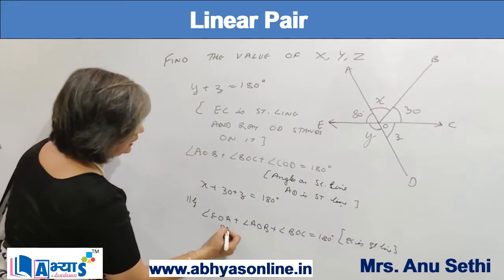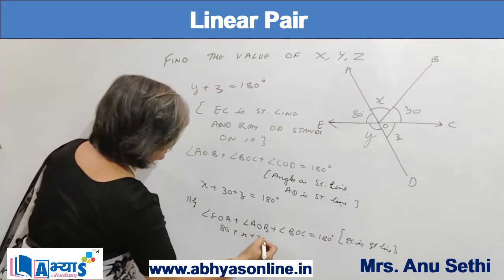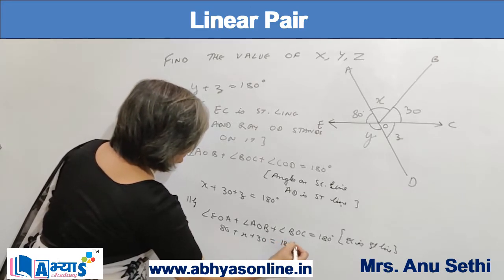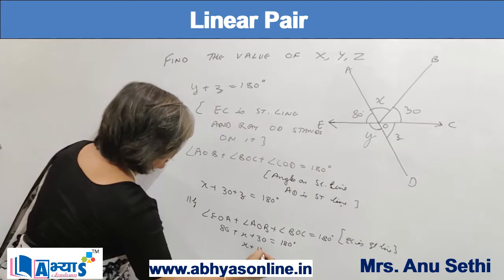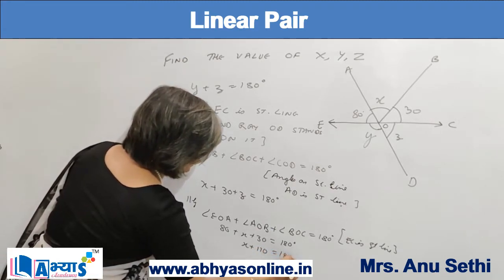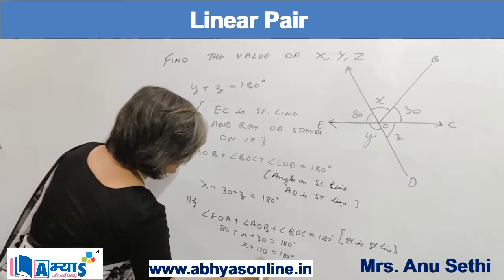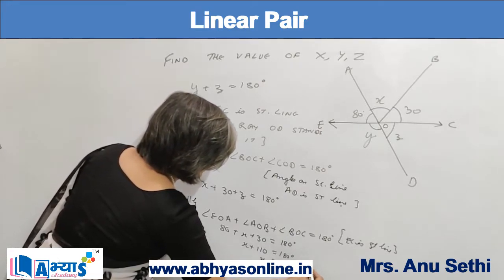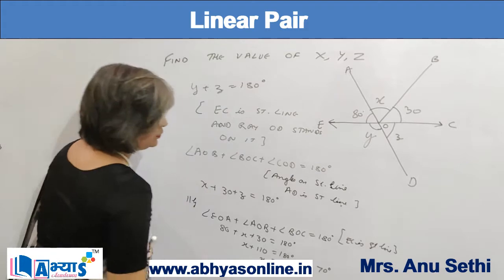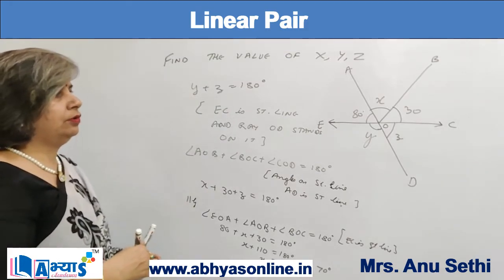So we can say 80 plus x plus 30 is equal to 180 degrees, or I can say x plus 110 is equal to 180 degrees, or x is equal to 180 degrees minus 110 degrees, that means 70 degrees. So this is how we can find the value of x.